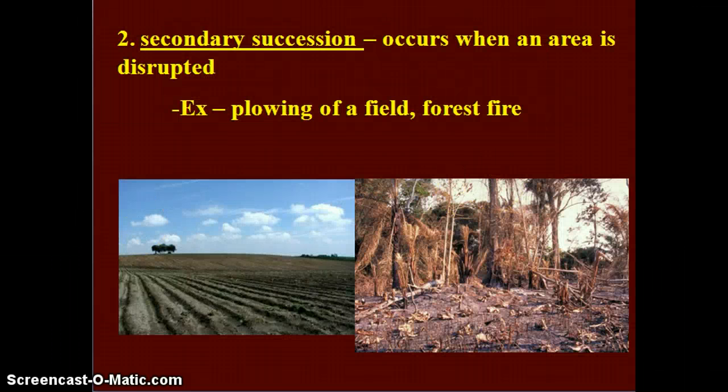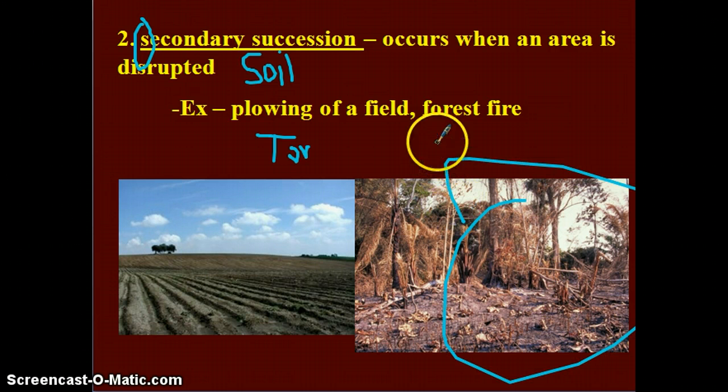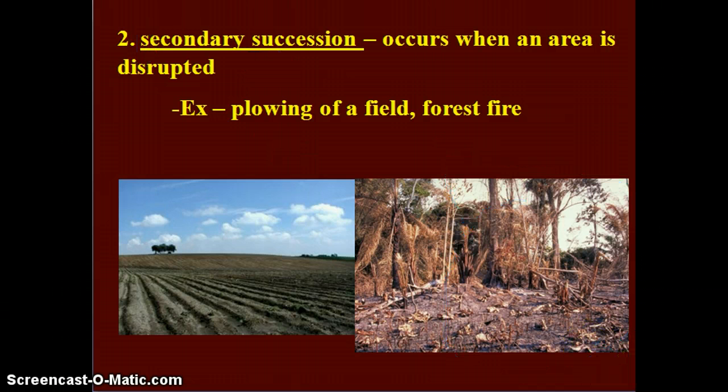As I mentioned earlier, there is secondary succession, and I said to remember secondary, S, this is where soil has been. This would be an example of a tornado that goes by and it destroys, or maybe there's been a forest fire, or maybe there has been a tsunami, or there has been some kind of disaster that would have disrupted the area where there was growth before.